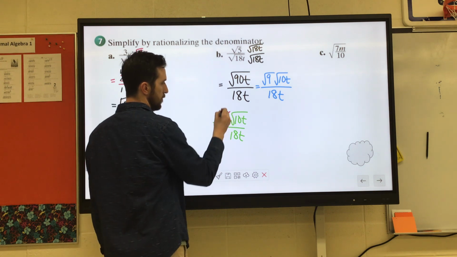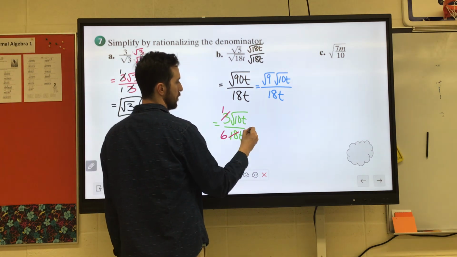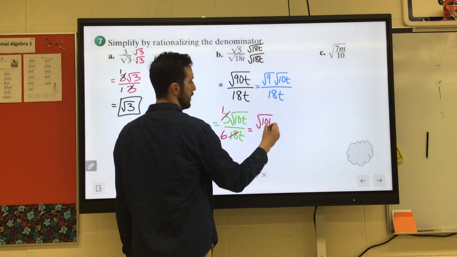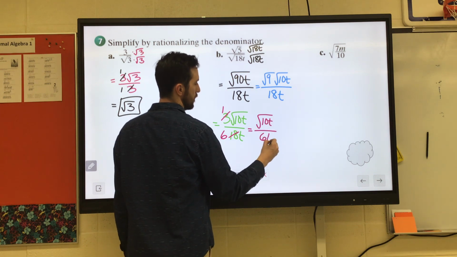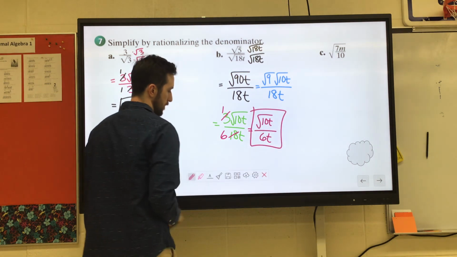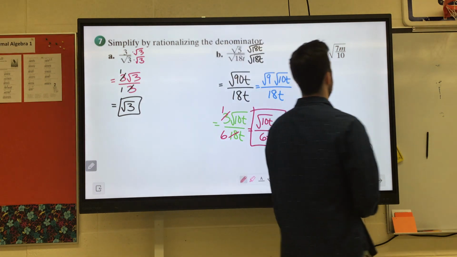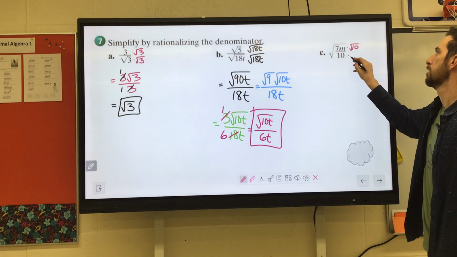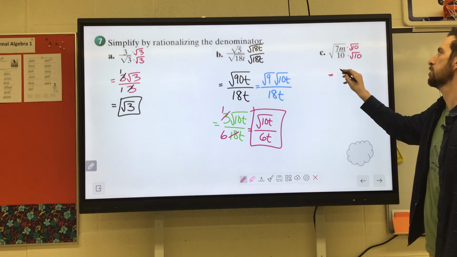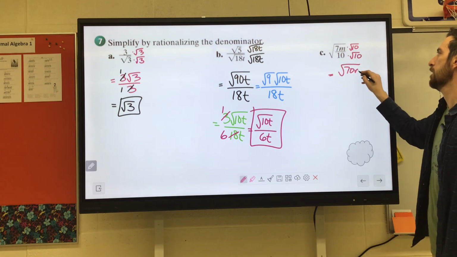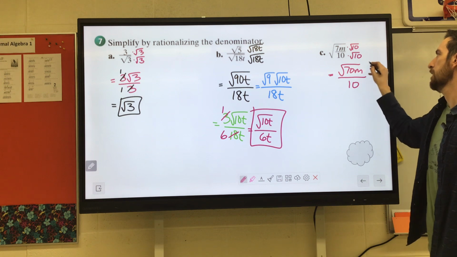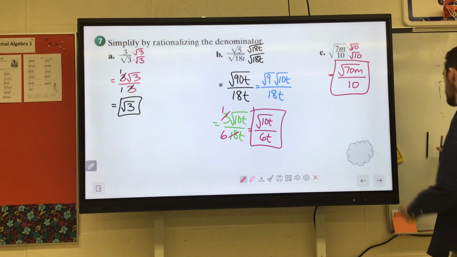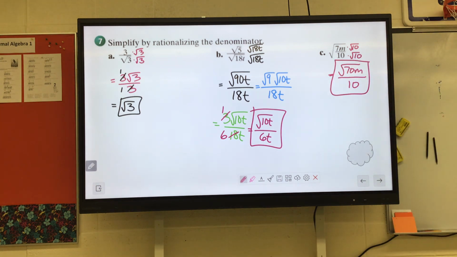And then 3 goes into 18 6 times, so root 10t over 6t. Last one we'll do times root 10 over root 10. That would give us root 70m over 10. And there are no more perfect squares than 70. And we're having fun.